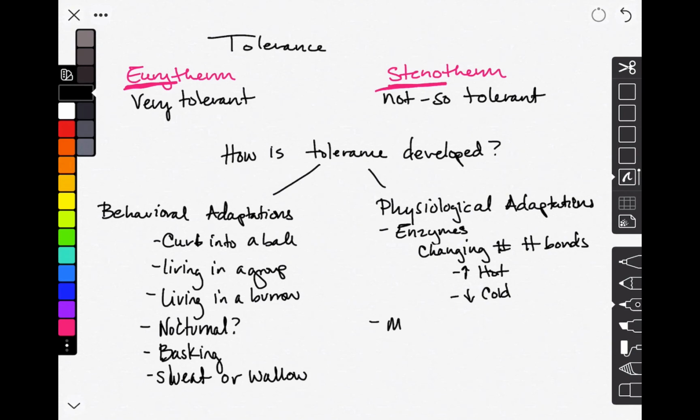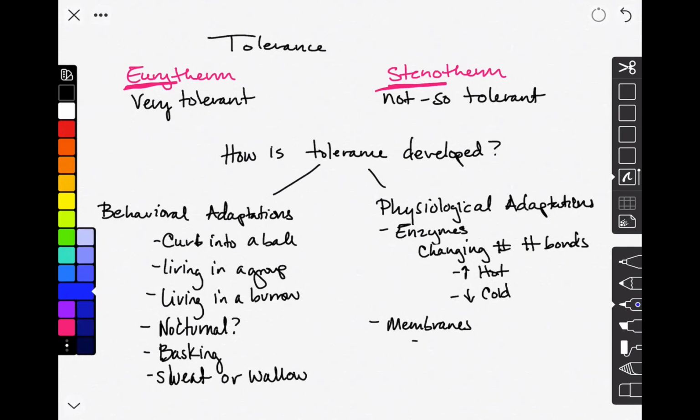For cell membranes, there are a couple adaptations as well. Remember that when we think about a cell membrane, it's got these phospholipids in it, and those phospholipids are held together by van der Waals forces.